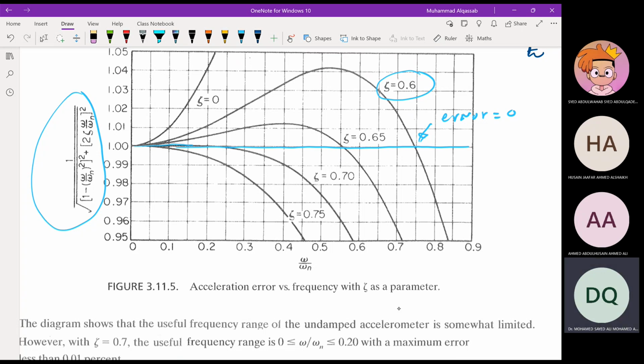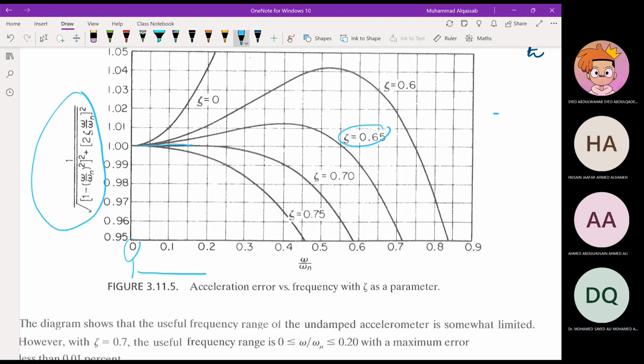So let's suppose we take zeta equal to 0.65, and calculate the maximum error from 0 to 0.7. What is the maximum error here? It will be either at the end of the range or at the peak.